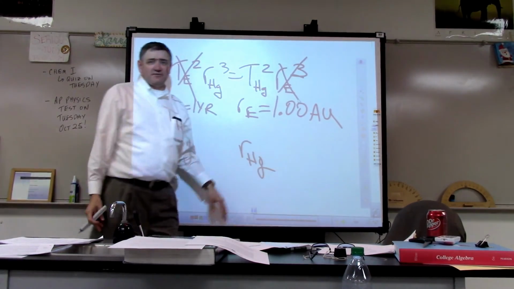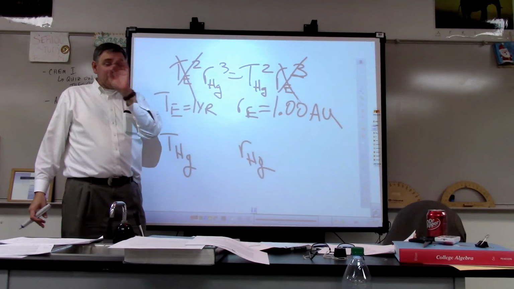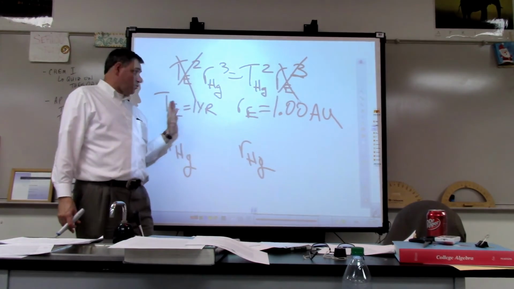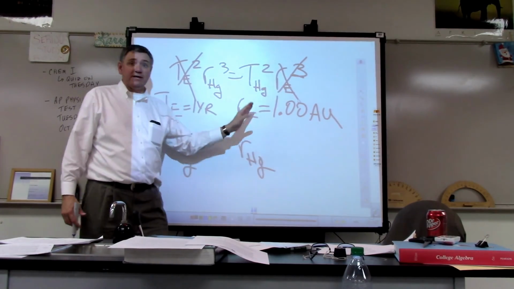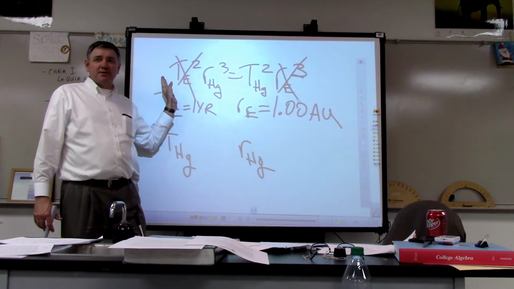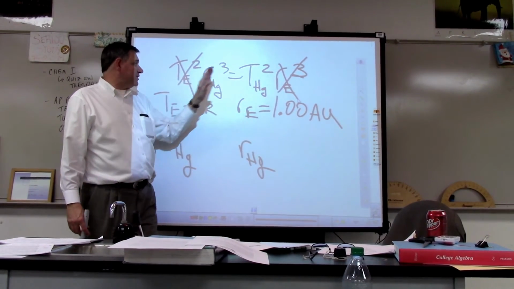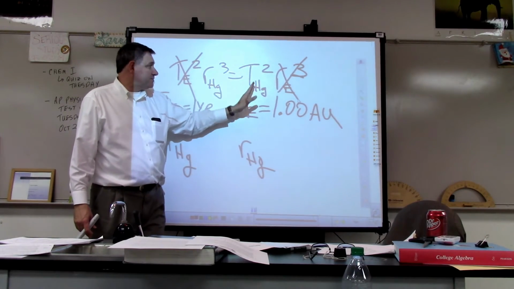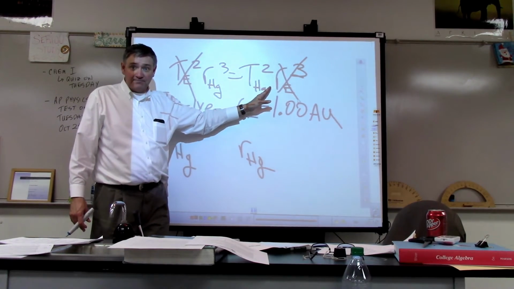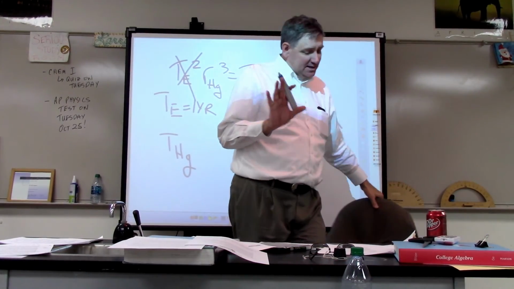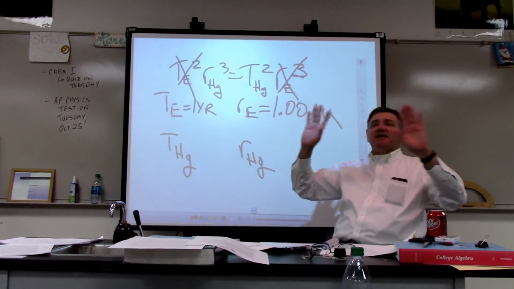That effectively drops out. So if, and this is a huge if, you let one of the sets of period and radius have a value of 1, it drops out of the equation. So basically what you end up with is saying the radius of Mercury cubed is equal to the period of Mercury squared.